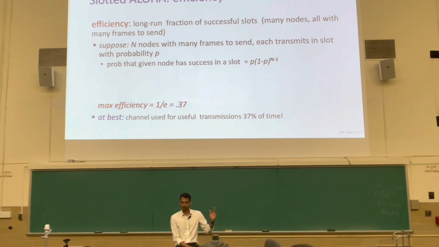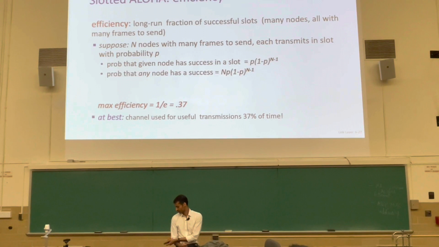So the OR of all those events happening is an event whose probability is the sum of those individual probabilities, right? So that's why you get the probability that any node is successful, or this equivalent, you can read that. This is the probability that a slot is successful, which means exactly one node is transmitting.